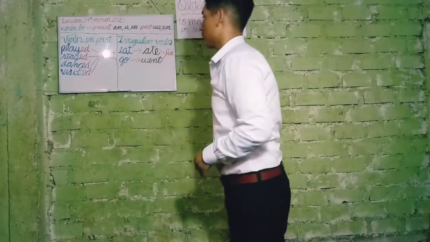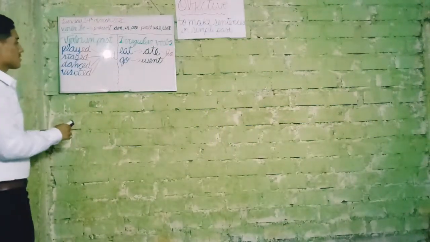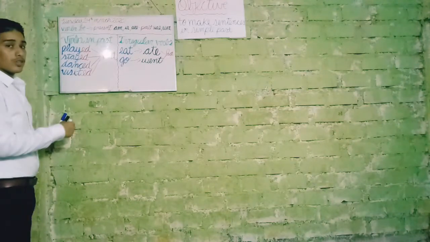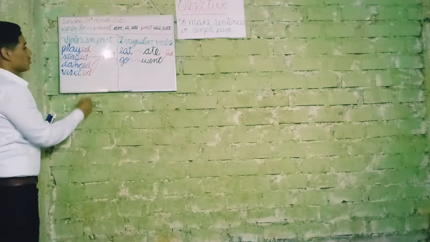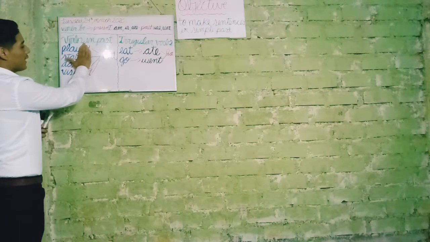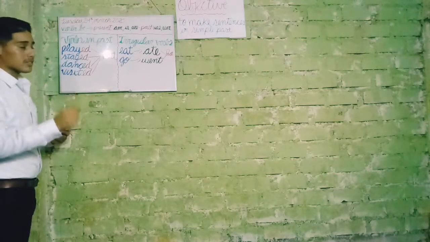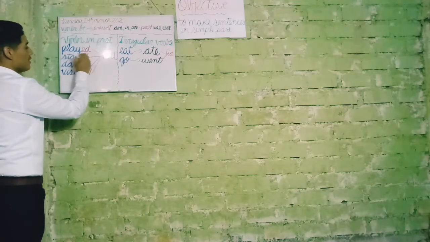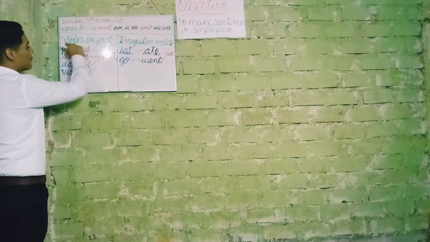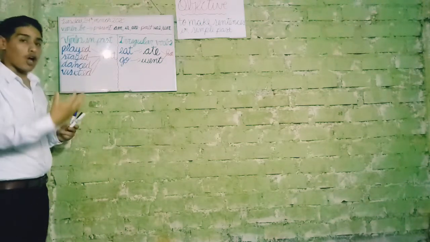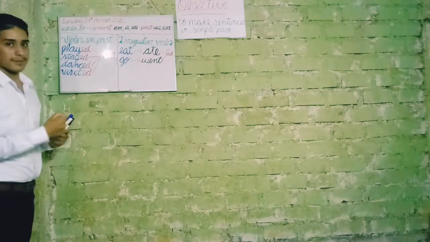Okay, so for those verbs we add ed to transform them into the past. If I say the verb play, that is in the present. But if we write ed, now my verb played becomes past.